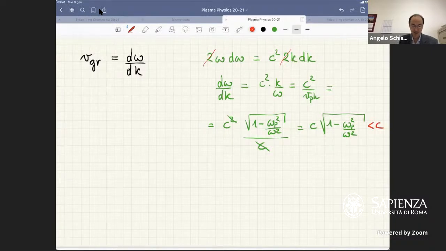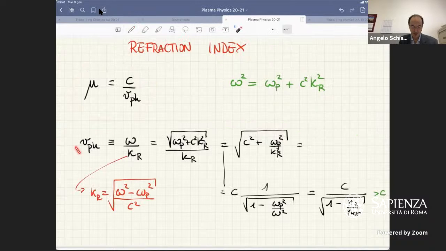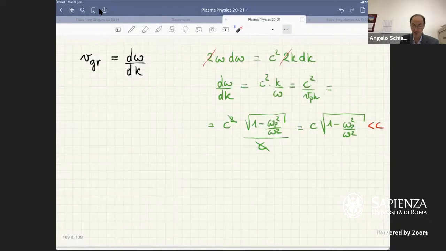Okay, let's go back to the definition of the refraction index. Now that we worked out the phase velocity, the refraction index is the ratio of the speed of light to the phase velocity.